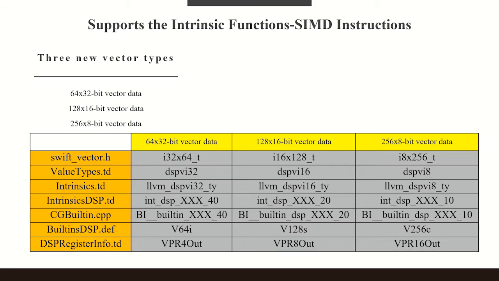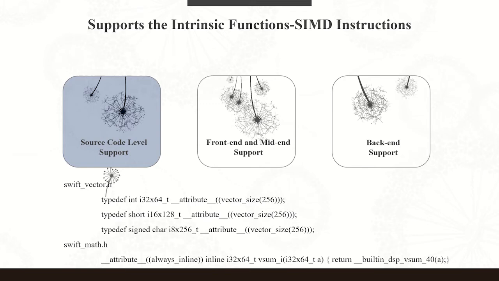There are three formats of SIMD instructions in Swift architecture. Their corresponding data types in the front and back end files are shown in the table below. First, I used the attribute and inline mechanism in the source level Swift vector.h to define vector types, attributes, and encapsulate intrinsic functions.